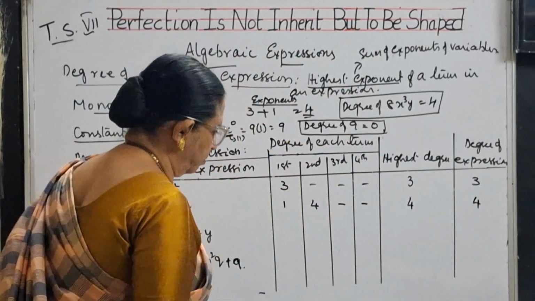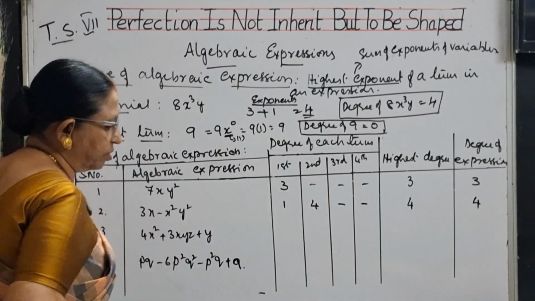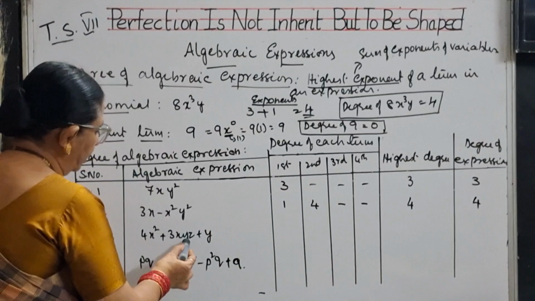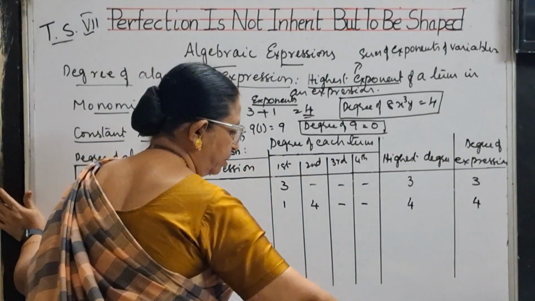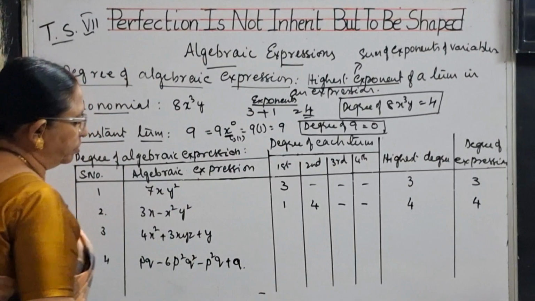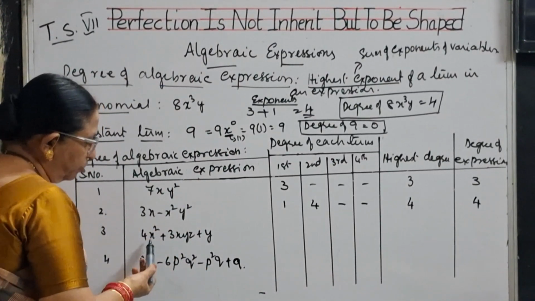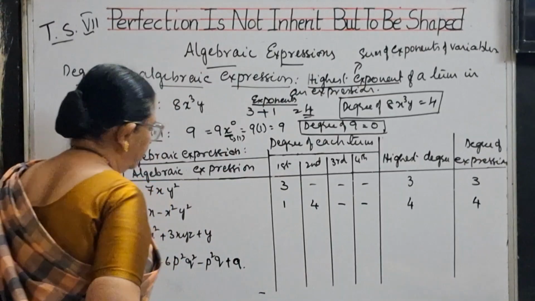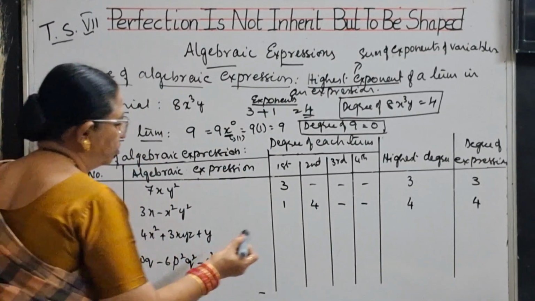Next. Here, 4x square, 3xyz, y. How many terms are there? Tell me, how many terms are there? 1, 2, 3 terms are there. So you have to talk about 3 terms. What is the first term? Degree is 2.